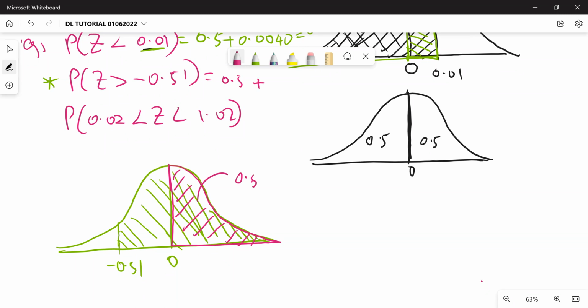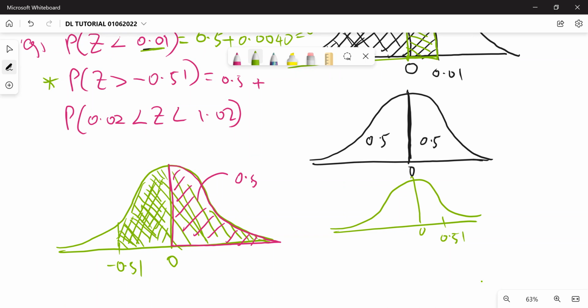the remaining area, the part that is shaded in green. We read that from the table. But because our tables are not showing negative values, we assume that we are working with the area from 0 to 0.51, and we apply the property of symmetry, because this area here is exactly equal to this area here.